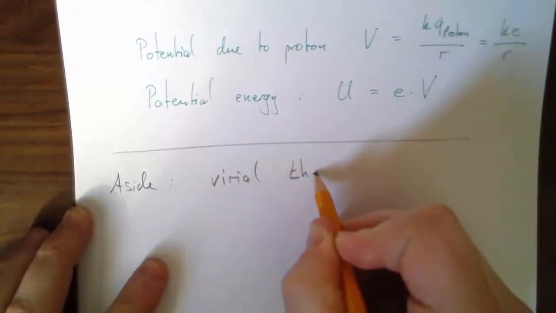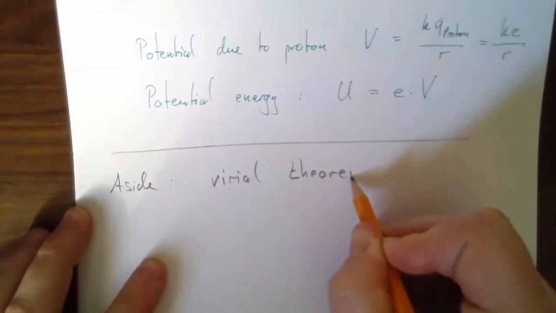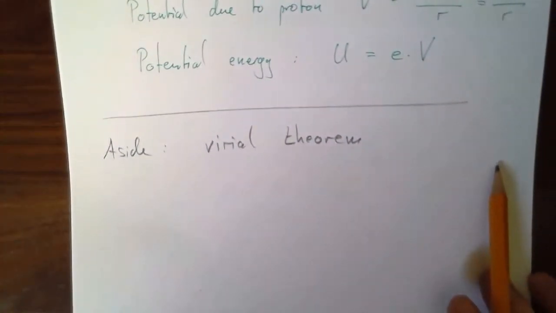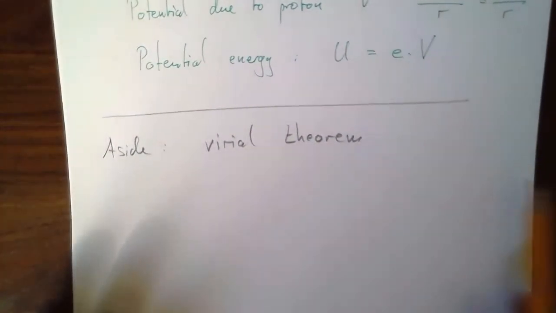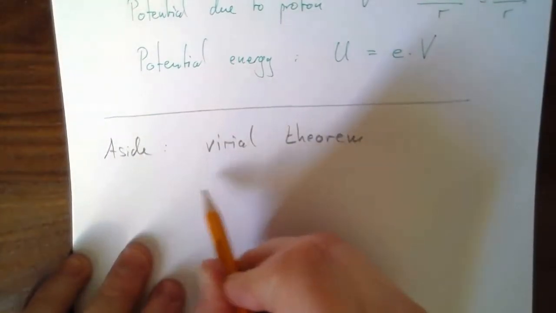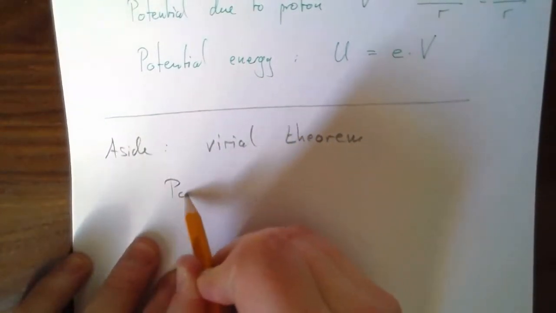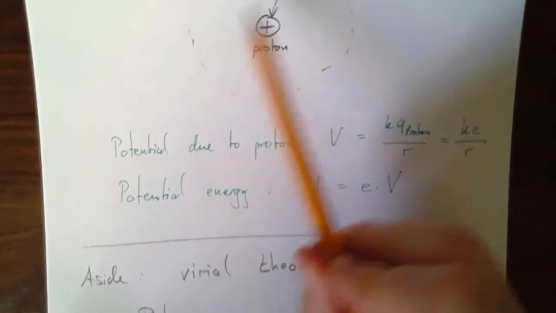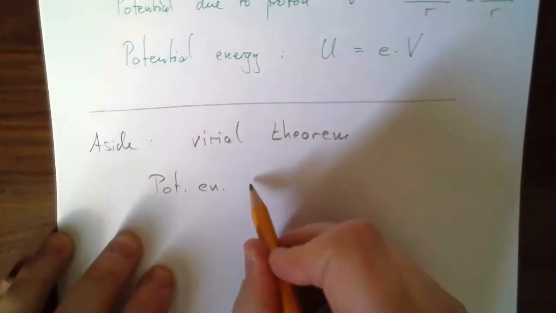Actually, this is only a special case of the virial theorem, which in full is more general and applies to all sorts of other interactions. So, the potential energy of a system like the one above, right? You have it on your paper, hopefully.